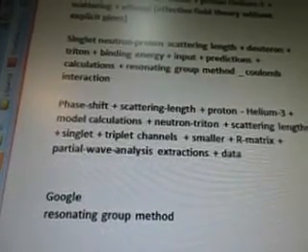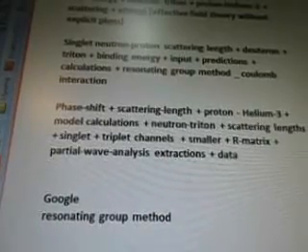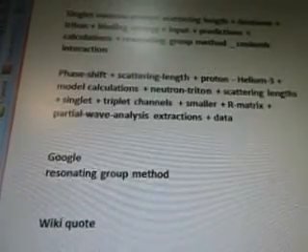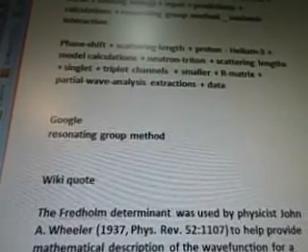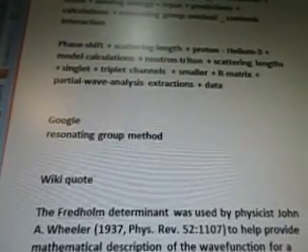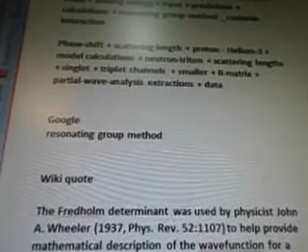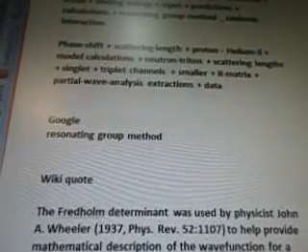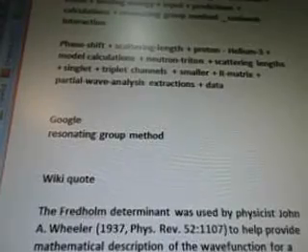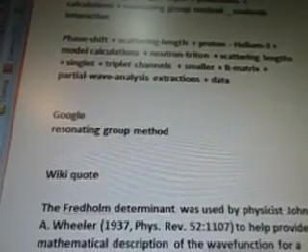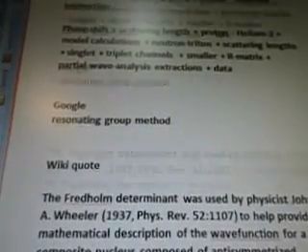Plus your calculations, plus the resonating group method, plus Coulomb interaction. Phase shift, plus scattering length, plus proton, plus helium-3, plus model calculations, plus neutron triton, plus scattering lengths, plus singlet triplet channels, plus smaller, plus R matrix, plus partial wave analysis extractions, plus data.